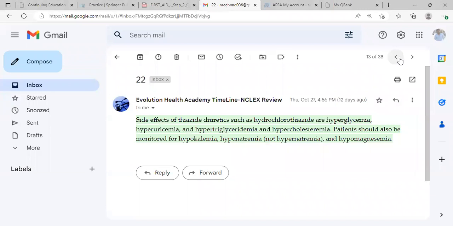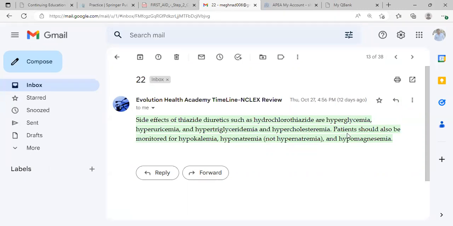What next? Here, the side effects of thiazide diuretics such as hydrochlorothiazide are hyperglycemia, hyperuricemia, and hypertriglyceridemia, also hypercholesterolemia.